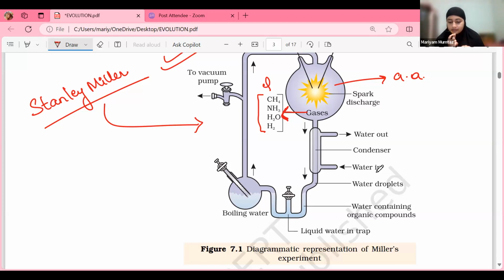Okay, and if we go according to the theory of special creation, the earth is about 4,000 years old. That's it. Okay, this is what the theory of special creation says.